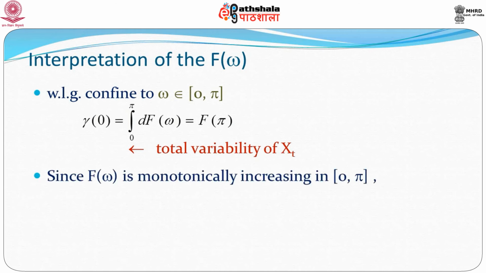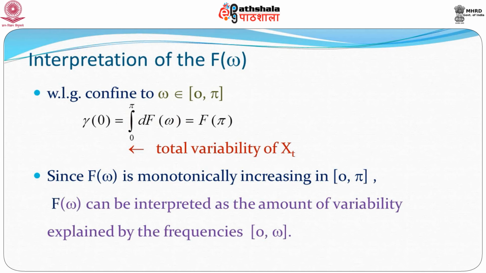Now, since F omega is monotonically increasing in 0 to pi, F omega can be interpreted as the amount of variability explained by the frequencies 0 to omega. So, what we are saying is that pi is the right hand limit. It starts from 0, F 0 is 0, and from 0 it increases to F pi at pi, and it is monotonically increasing.